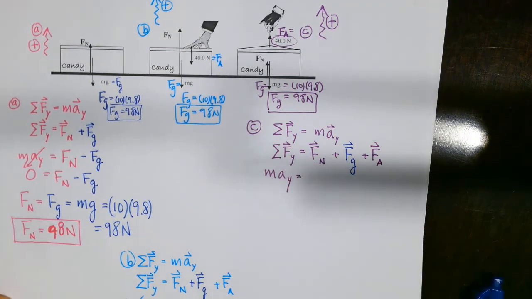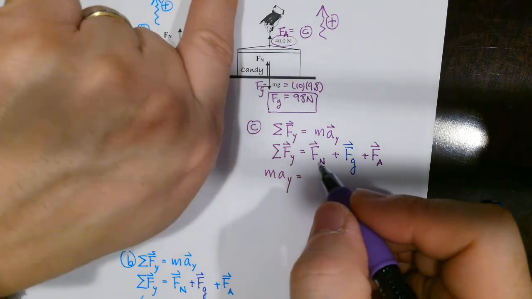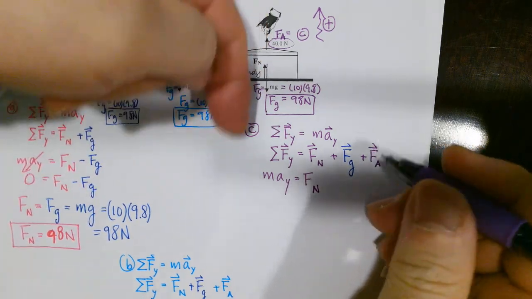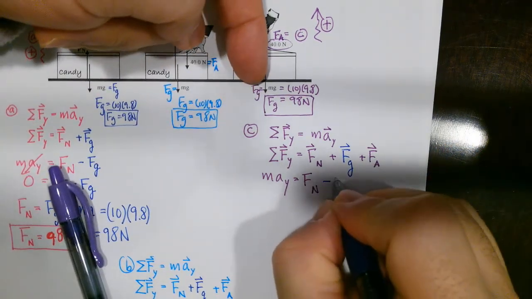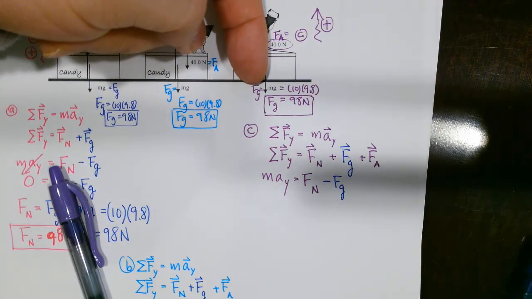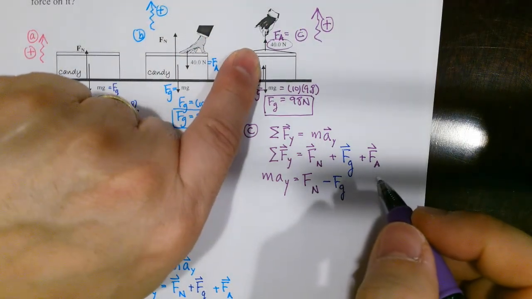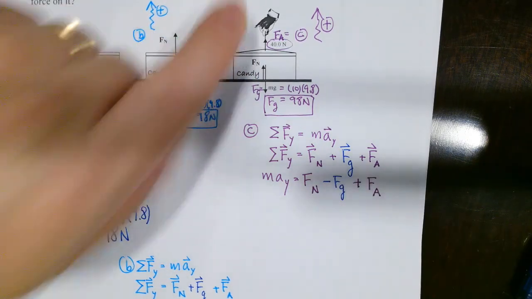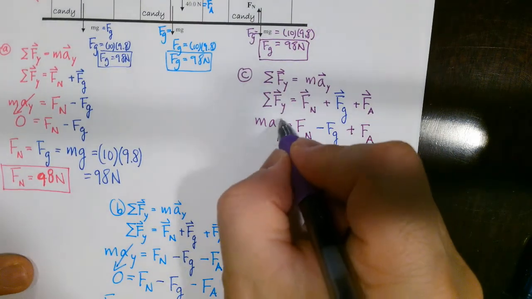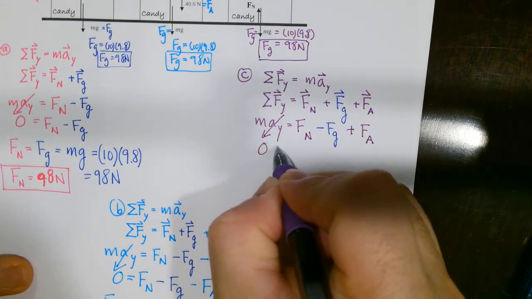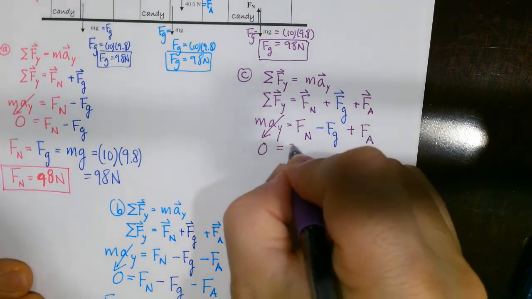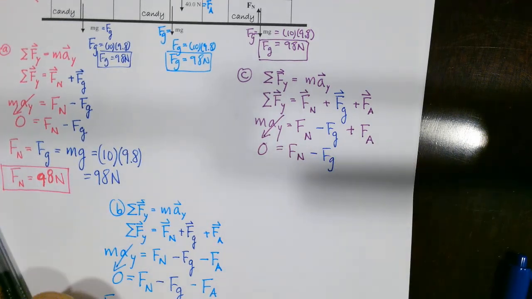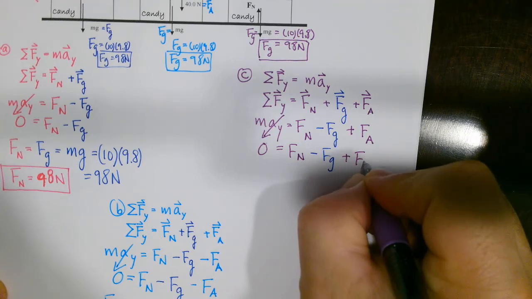MAy is equal to F normal, positive direction because it's pointing up. Fg, pointing down, so it's negative direction. Fa, this time is pulling up, so it's positive. And since acceleration of the candy again is 0 vertically, I have my F normal minus Fg plus Fa is equal to 0.